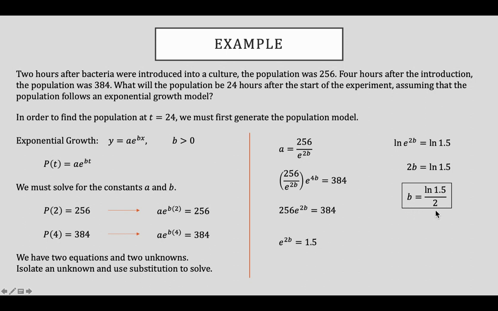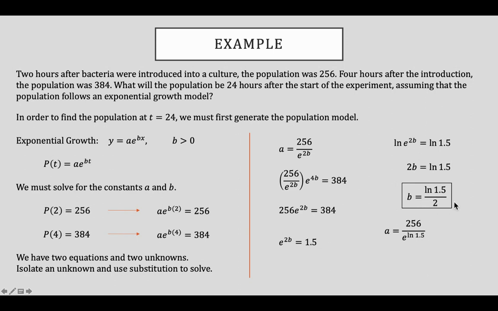So now that we know what b is, we can solve for a by back substituting into this equation here where we isolated a. A is equal to 256 divided by e to the 2b. And again, we are going to plug in for b. This gives us a is equal to 256 e to the natural log of 1.5.